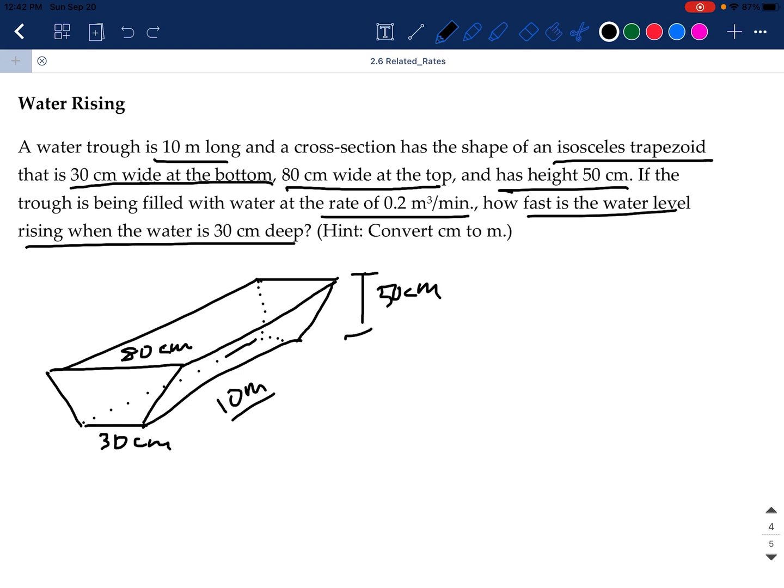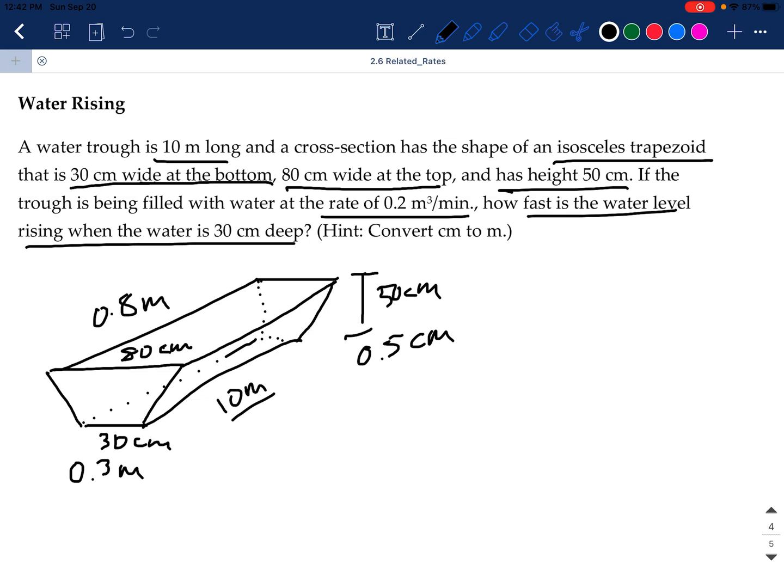So if we go from centimeters to meters, we need to divide by 100. So we'll get 0.8 meters, 0.3 meters, and then 0.5 meters. Again, dividing by 100 will give us the correct dimensional conversion to meters.